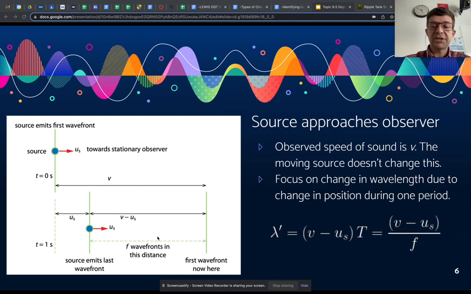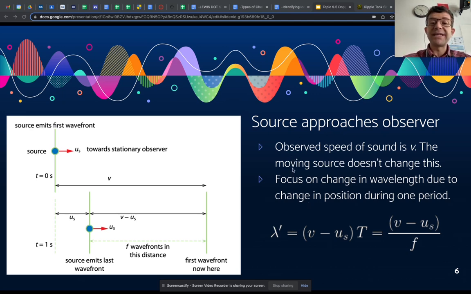Having this sort of picture in mind is really the best starting point, and focusing on the change in wavelength is the best starting point for coming up with the expression lambda prime equals v or c minus v over f, in this picture v minus us over f. And from there, it's pretty easy to find the changed frequency that the observer sees. So I would encourage you to start with this and try to derive the expressions that you saw on the previous slide for the moving source approaching the observer.